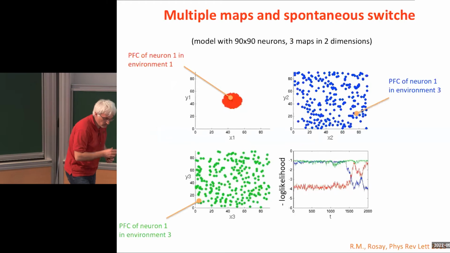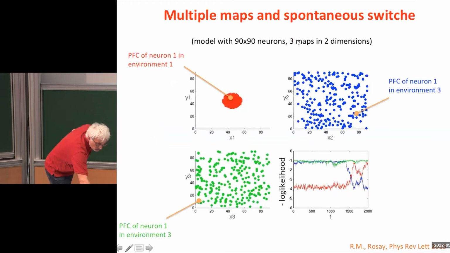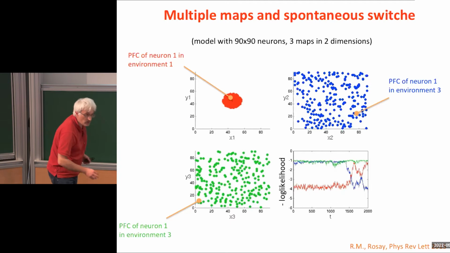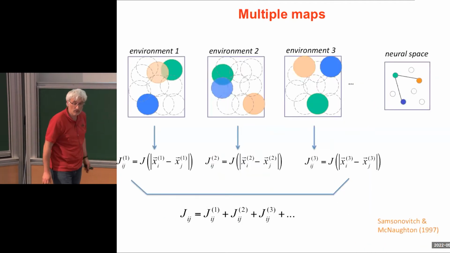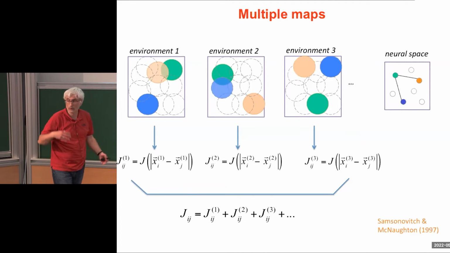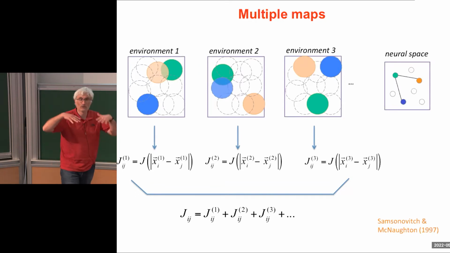So let me show, for instance, a simulation where we have 8,000 neurons here, 90 by 90, and we embed 3 different maps in 2 dimensions. What I'm doing is just considering the equilibrium distribution with this Jij matrix. I'm running a very simple Metropolis Monte Carlo algorithm with the condition that the activity is fixed.